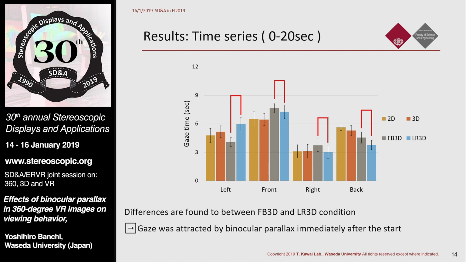Due to the Watson-Wheeler test of circular statistics, it was significantly recognized that it has different distribution except between 2D and 3D conditions. From this fact, it's found that the gaze was attracted by binocular parallax immediately after the starting of the image displayed.